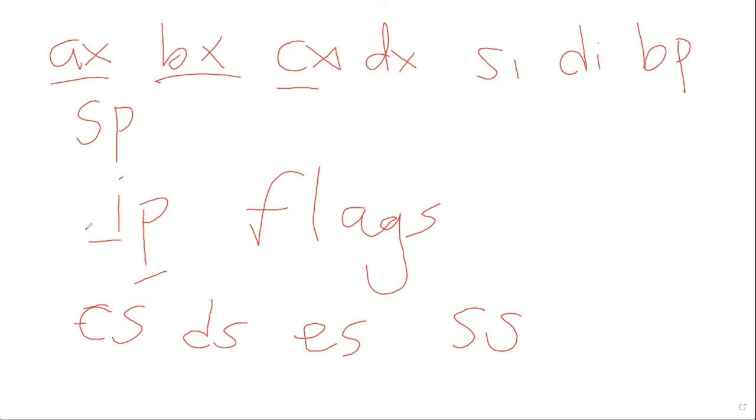So what we are saying again is that the segment registers have their own set of registers, like CS, DS, ES, and SS. CS is code segment, DS is data segment, and so on.